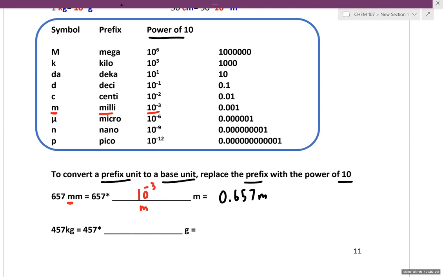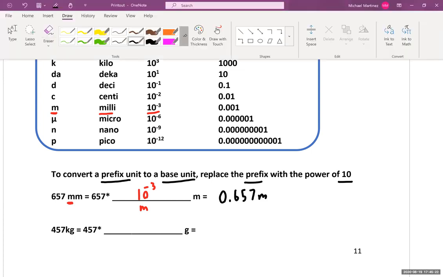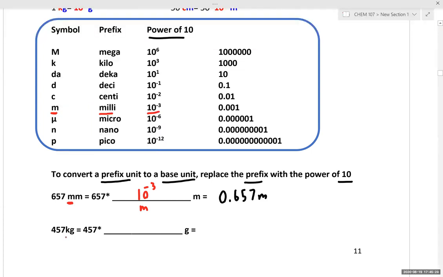Let's do another example. So 457 kilograms. This K corresponds to the kilo prefix. So what power of 10 do I plug in? What power of 10 corresponds to kilo? +3.